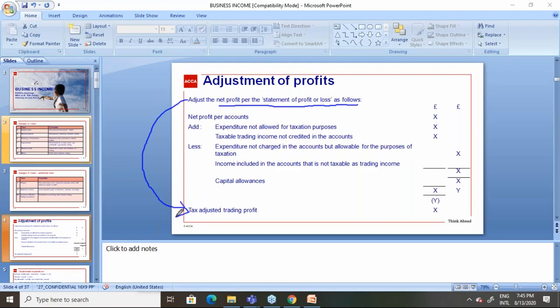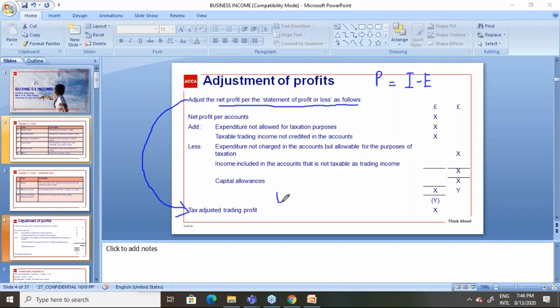So in doing that, to calculate the profit, we need two items. One is income, the other one is expenditure.